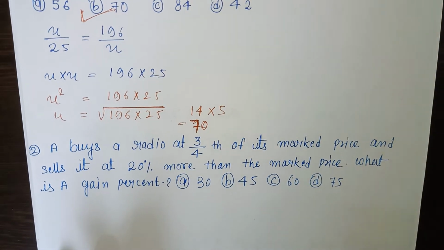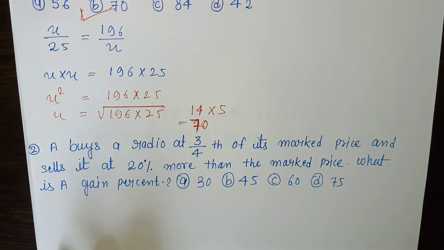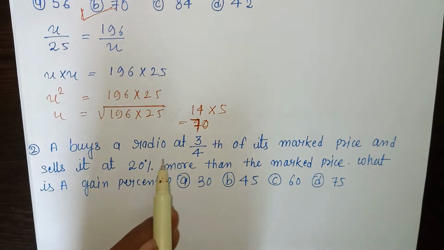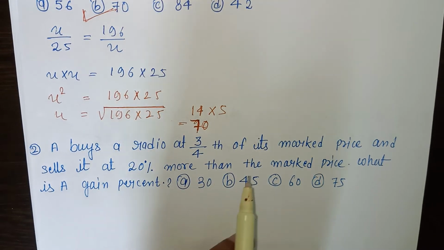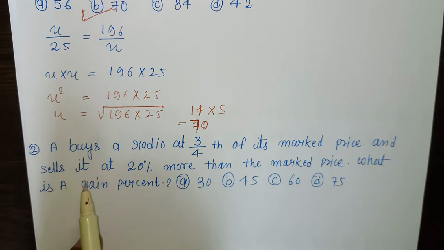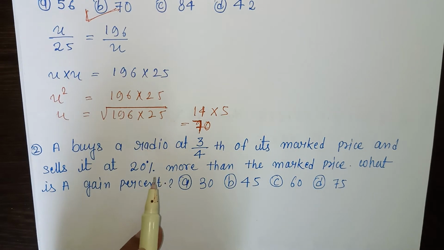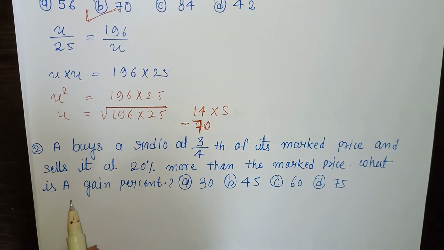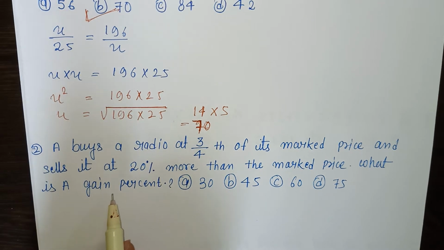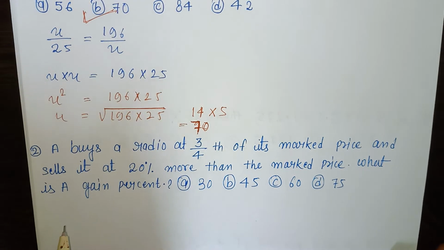Question number 2, see very carefully. Buy a radio at 3 by 4th of its market price and sell it at 20% more than market price. What is the gain percent?